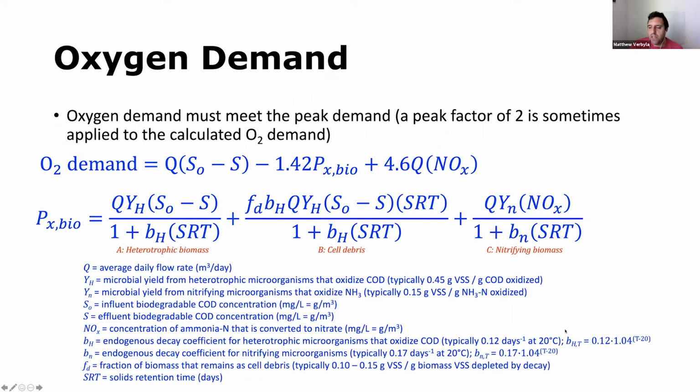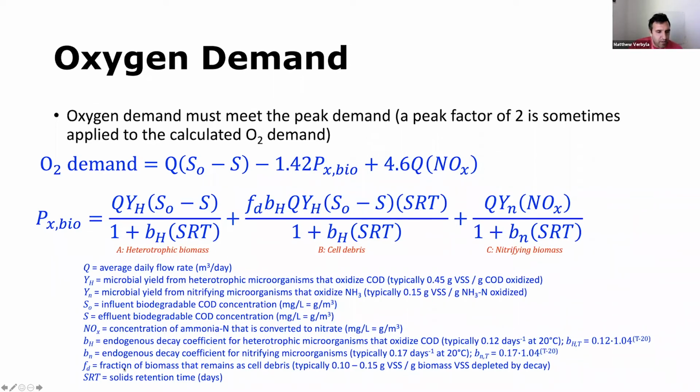That's at a temperature of 20 degrees, but it's temperature dependent, so you can estimate it at other temperatures if you have hotter or colder conditions using this equation right here. B sub N, likewise, is the endogenous decay rate coefficient for nitrifying microorganisms. It's typically assumed to be 0.17 days to the -1, and again can be modified based on the temperature.